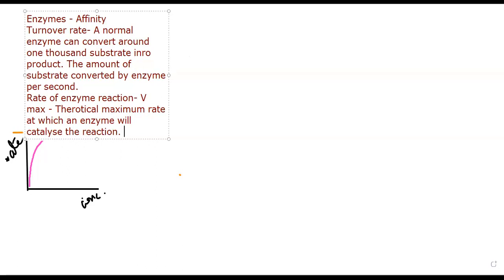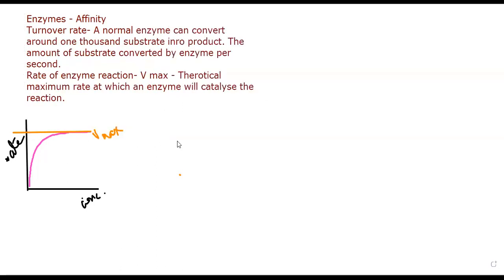Now, how can we use the concept of Vmax to calculate the rate of reaction? For that, we have to understand that Vmax is the maximum speed. Meaning that if I increase the substrate concentration any more, my reaction will not get faster. And if you remember, there's a reason why my reaction is not getting faster even though I'm increasing the substrate.